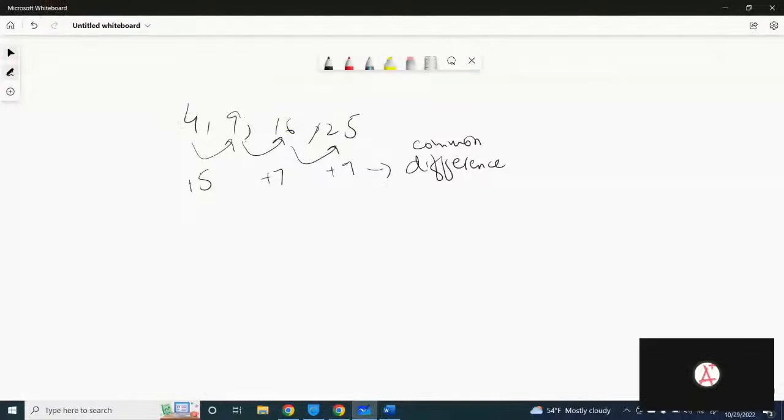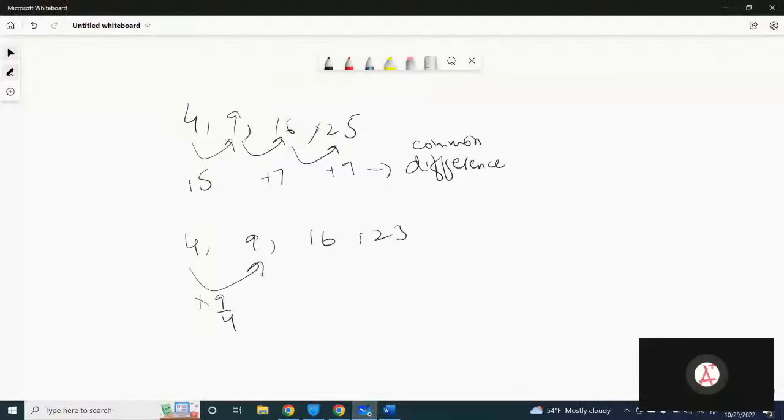Got it? Now let's see if it is geometric. So 4, 9, 16, and 25. To go from 4 to 9 you have to multiply by 9 over 4.